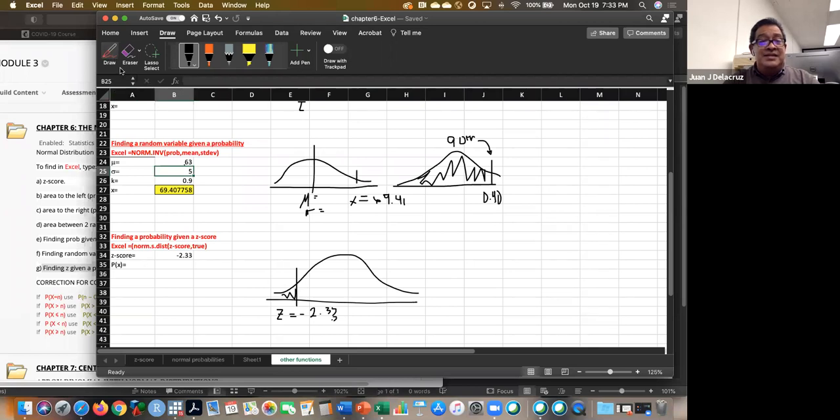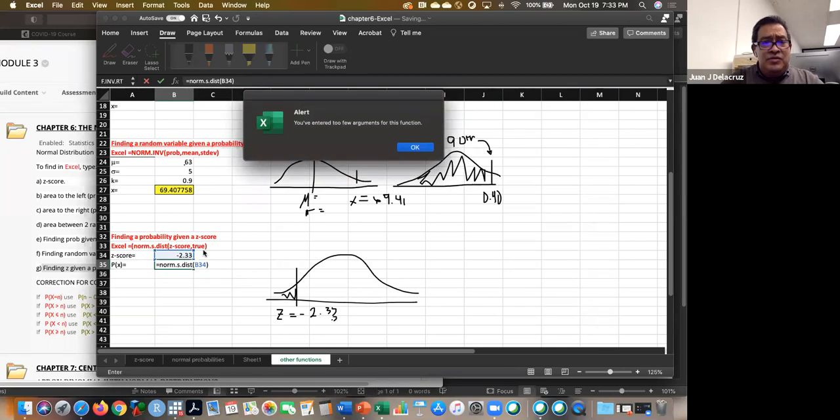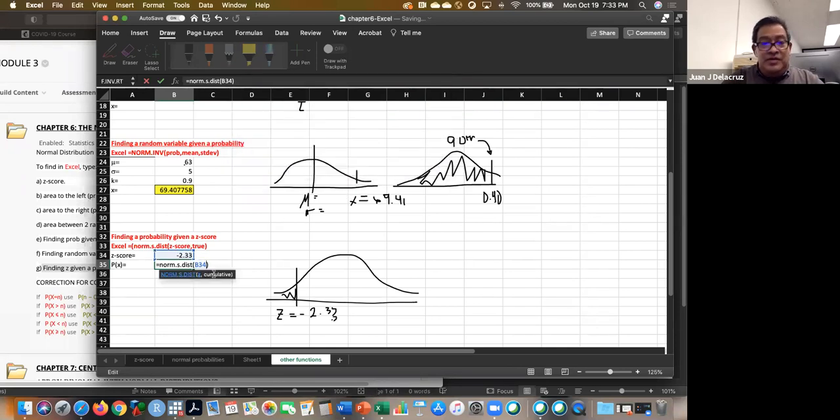Well, that's going to be easy because we are going to use Excel norm.s.dist, and then we are going to use the value of the C score, comma, and true. So the area under the curve is going to be almost like 0.9%, right?